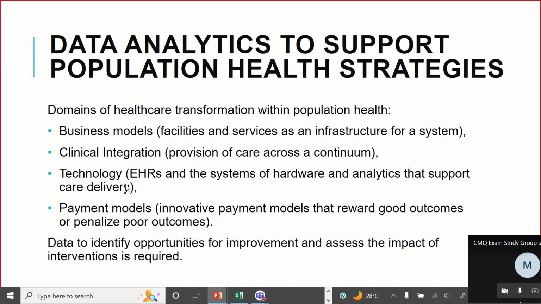Then the transformation of technology. Here it is talking about the electronic health record and the system of hardware and analytics that supports care delivery, so having that data available to you and being able to identify those population health issues in order to improve them. And then payment models, as we said, that reward good outcomes or penalize poor outcomes.